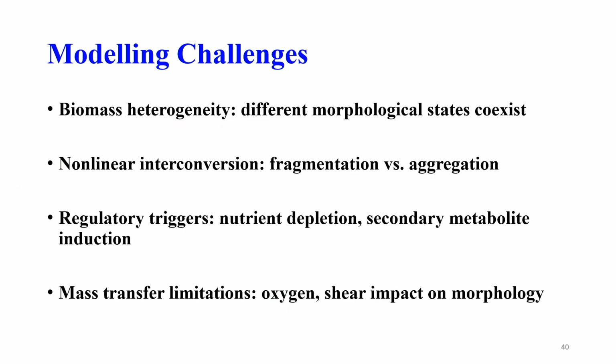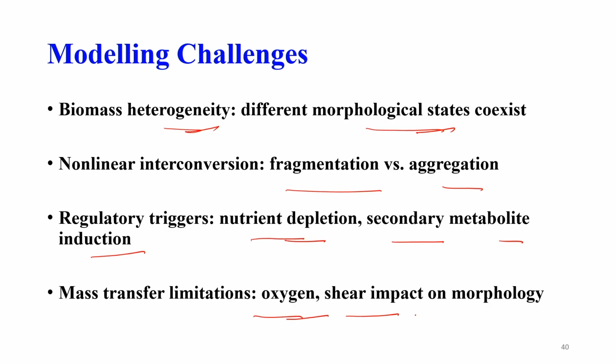Now, when we are going to model this, there are certain challenges: biomass heterogeneity, with different morphological states coexisting; nonlinear interconversion, with fragmentation or aggregation; regulatory triggers like nutrient depletion and secondary metabolite induction; and mass transfer limitation of oxygen, because this is aerobic fermentation, which comes from the mixing and impacts the morphology.